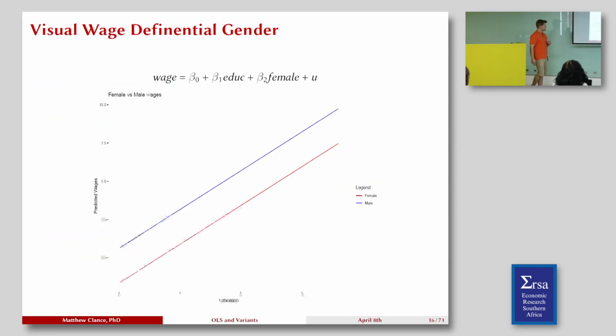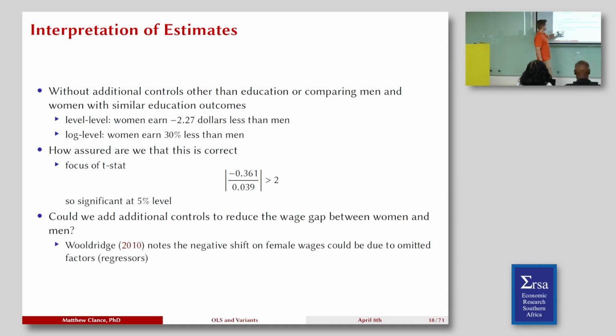Okay, so that's the overall outcome. Basically, we don't know ahead of time. And actually, Woodruff points this out, noting that the negative shift on female wages could be due to omitted factors.